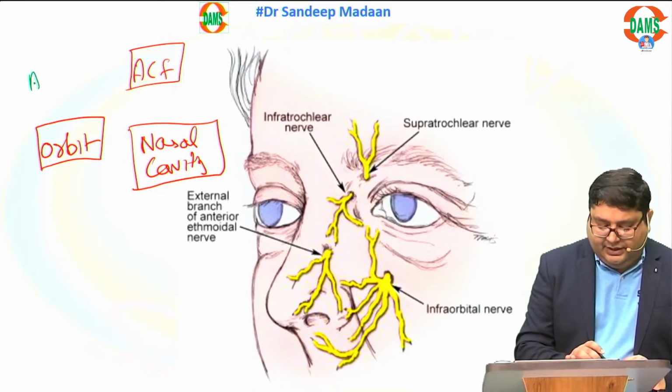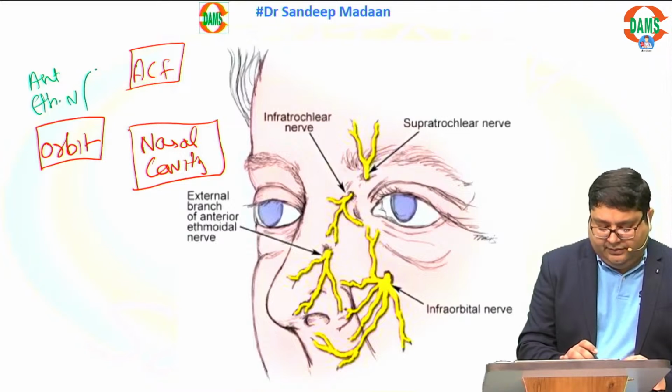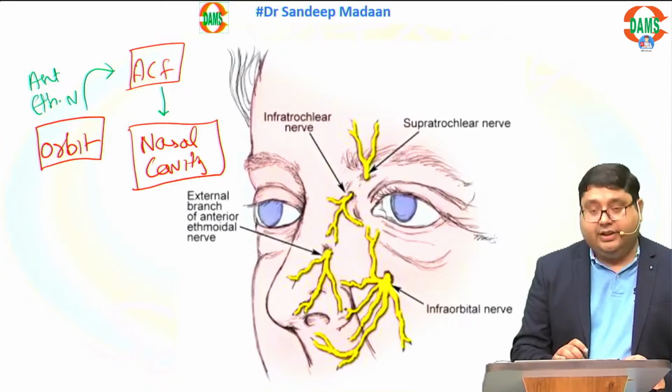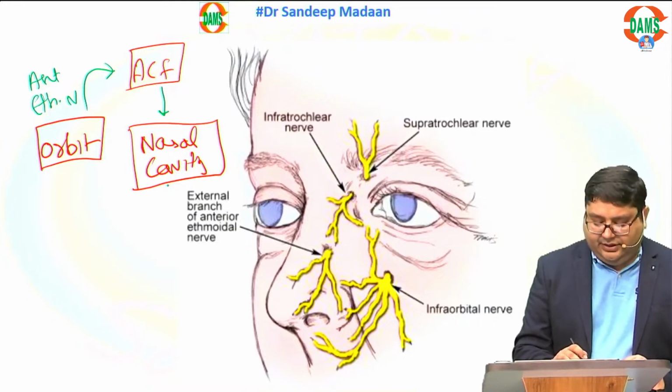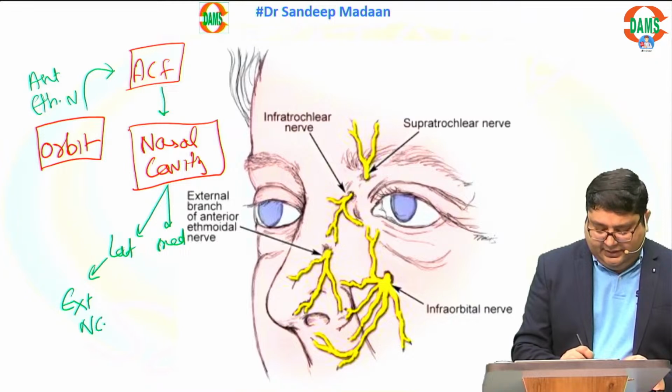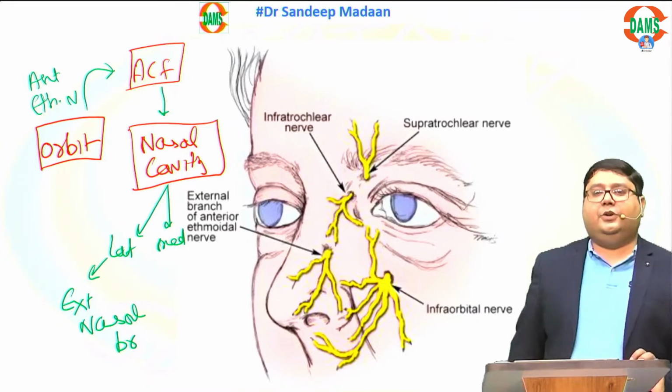The name of the nerve here is the anterior ethmoidal nerve, which will be going there in the anterior cranial fossa, then going there in the nasal cavity, then going there medial and lateral. The lateral will come on the surface as the external nasal branch, like that. I hope that makes sense.